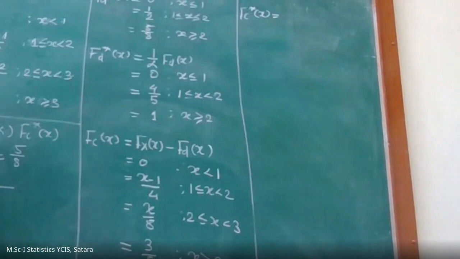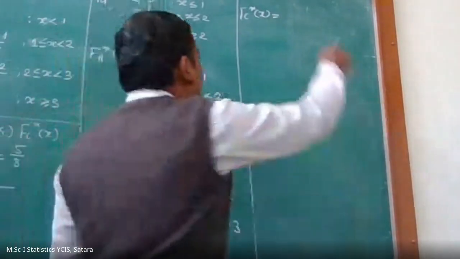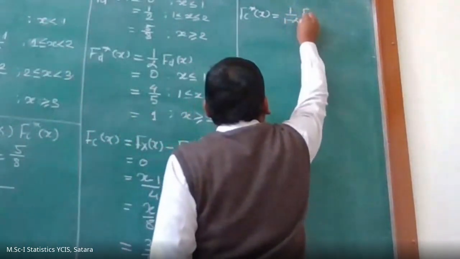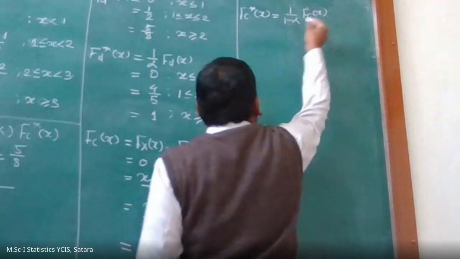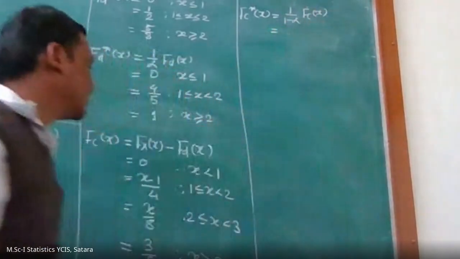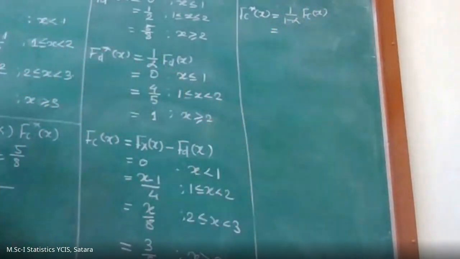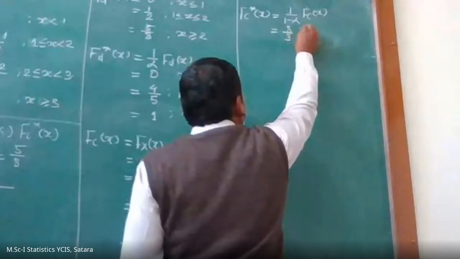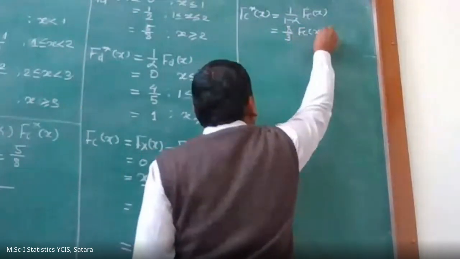That is 1 upon (1 minus alpha) into f_c of x. 1 minus alpha is nothing but the 3/8. Therefore 1 upon 3/8 is nothing but the 8/3. Therefore 8/3 into f_c of x.